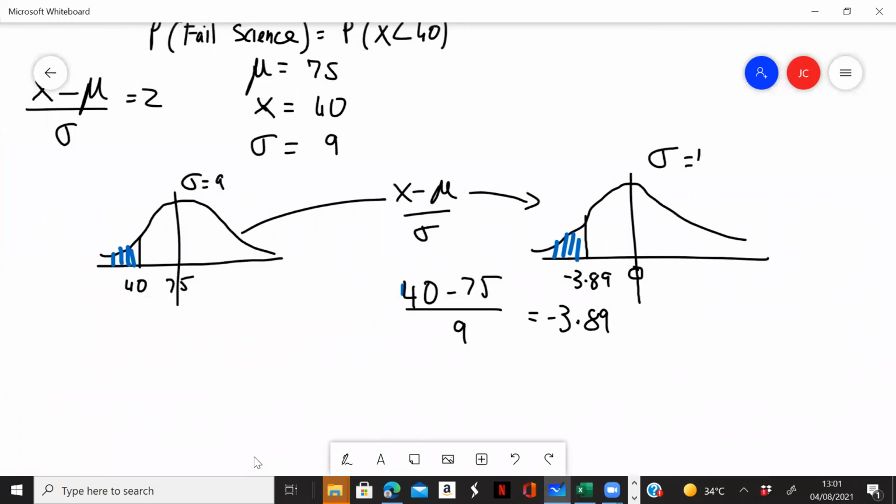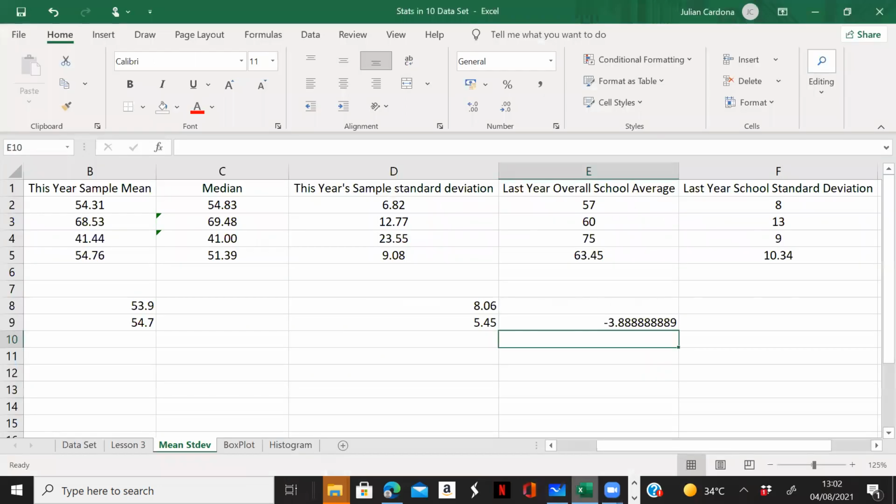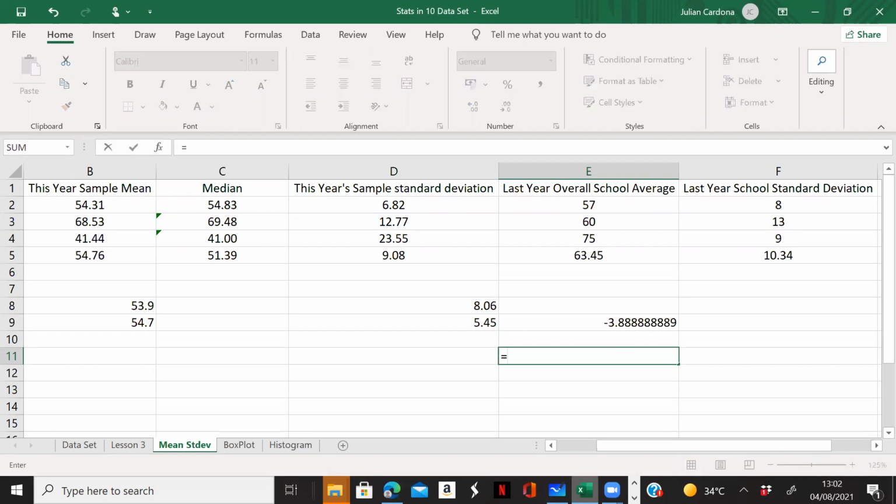As I promised you, I want to show you two techniques. In the first part of the lesson, we used the tables. In this lesson, I want to show you how to do it using Excel. So let's go to Excel. The command is equals NORM.DIST, because I am finding a probability.